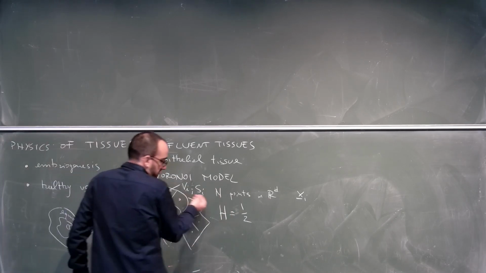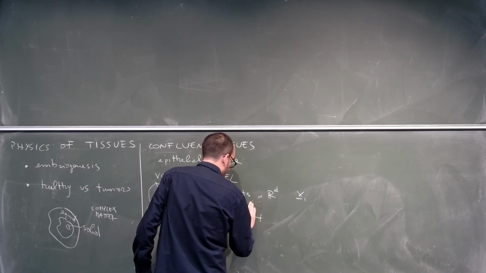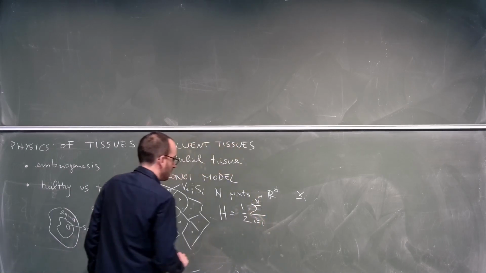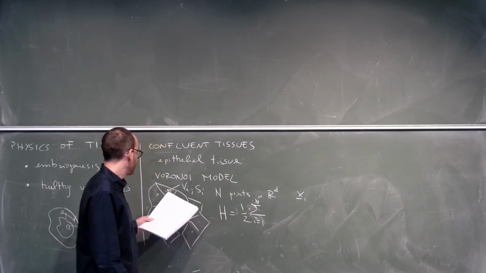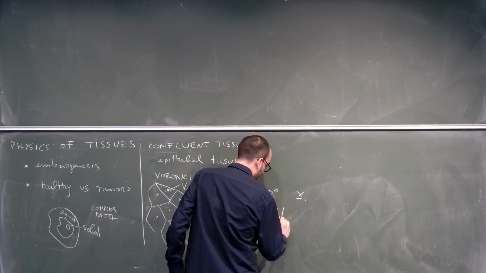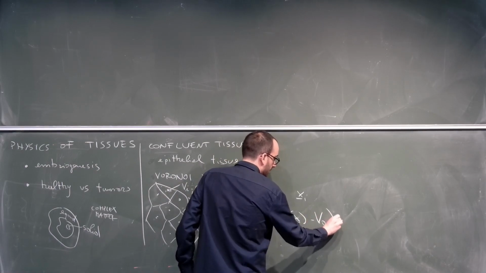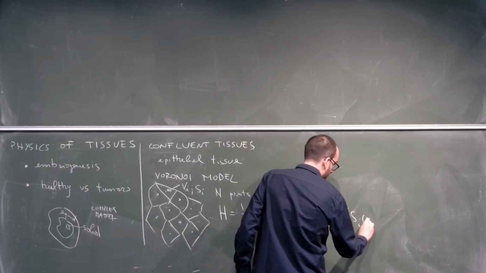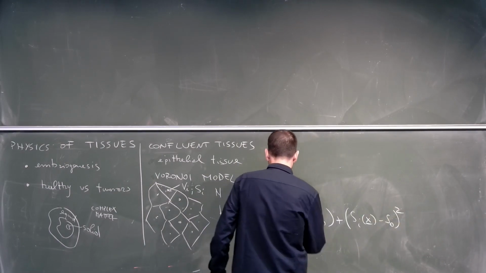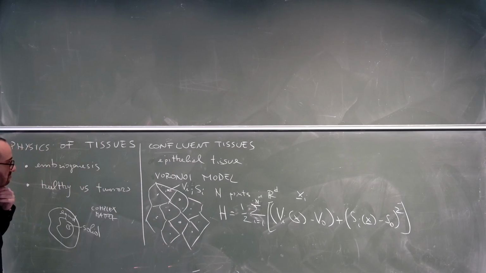So you define a cost function. And you say, okay, for each cell, I would like that it attains a target volume and a target surface. So let me define this square loss function. Or you want to put a square.